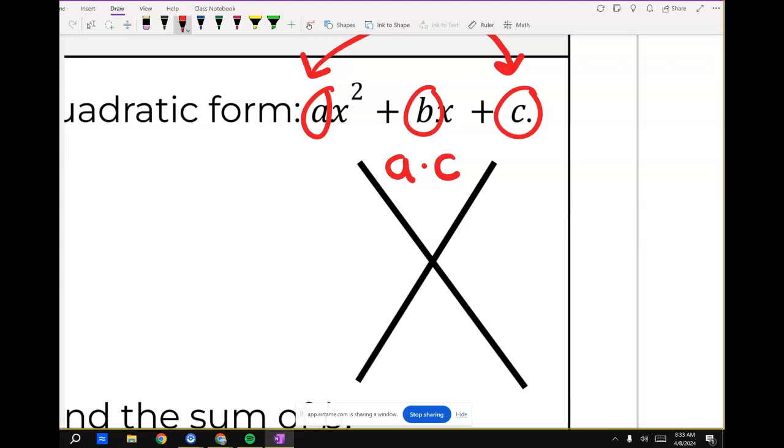We'll find the product of those two numbers and put it on the top. Whatever our b term is, we put it right here on the bottom. Again, these are all numbers. We're just using letters so we can show how it works in every case.